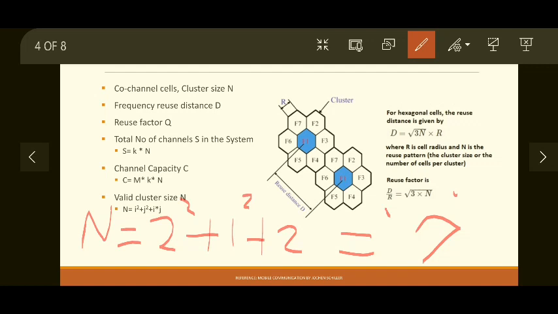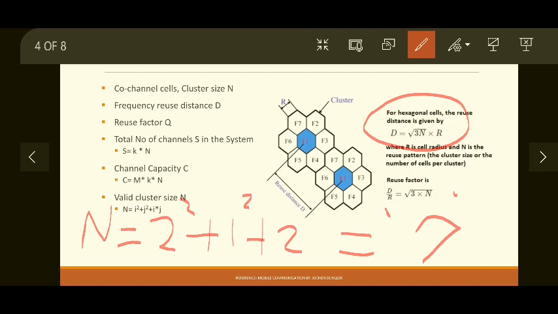Now how can you calculate the physical distance, the reuse distance between these two? The formula for calculating the reuse distance is given by d equal to root of 3n into r. N is the size of the cluster, that is 7. 7 into 3 is 21.